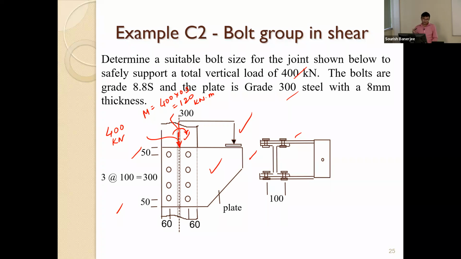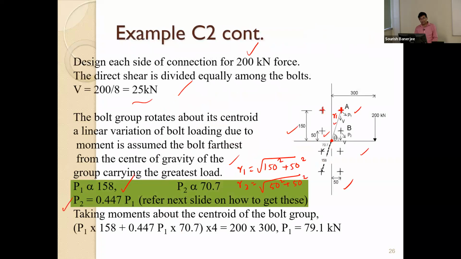But when it is subjected to moment, calculating how much load each bolt will carry is the tricky bit. That's what we are looking at here. Based on this important assumption, we have got a relationship, and this is the relationship we need. Otherwise, I'll tell you, you can write the moment equilibrium equation like that.